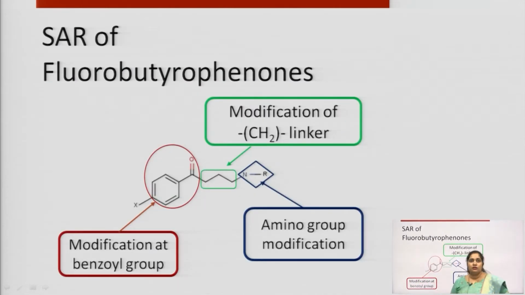Now, we would like to study the structure activity relationship of fluorobutyrophenone. As the name suggests, different modifications are available. The first is the phenone position, the modification at the benzoyl group, that is the phenyl ring associated with a carbonyl group. The second is modification of the amino group.